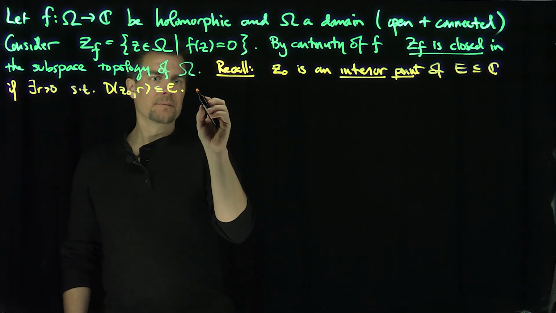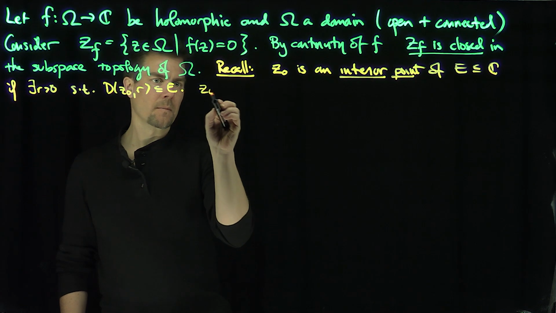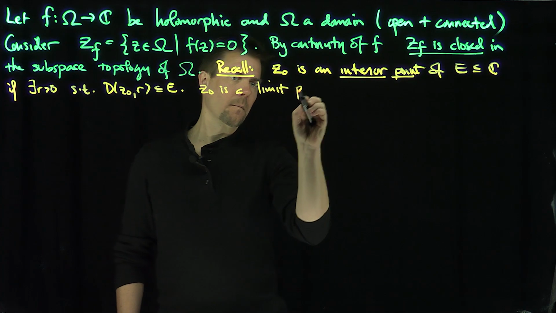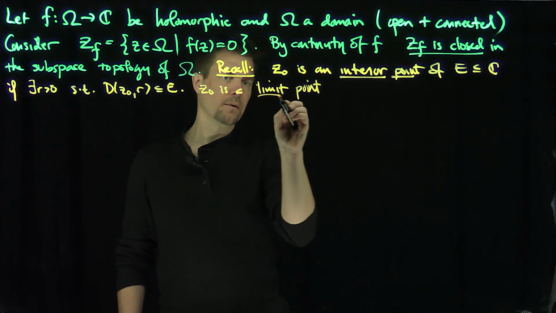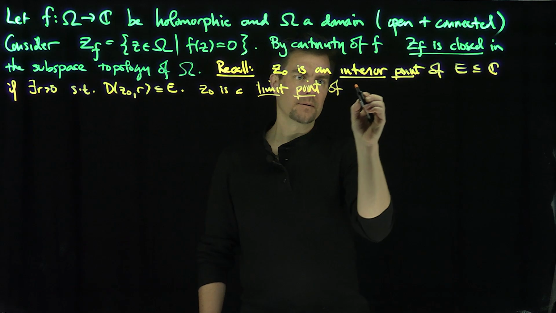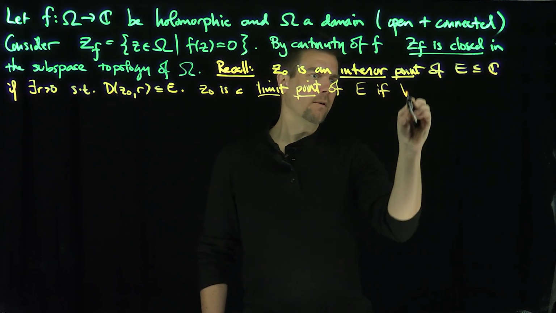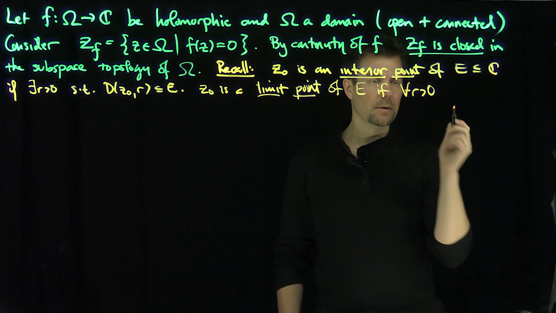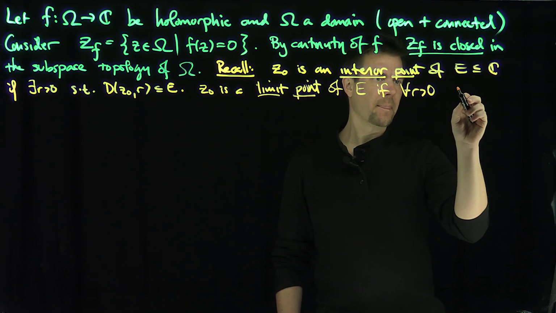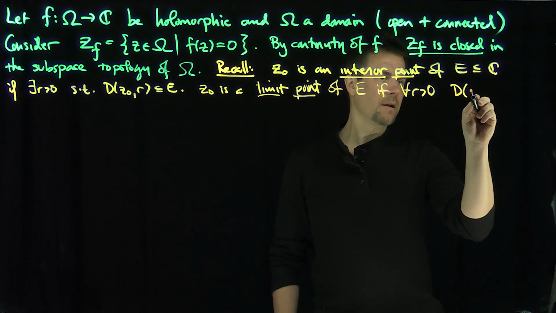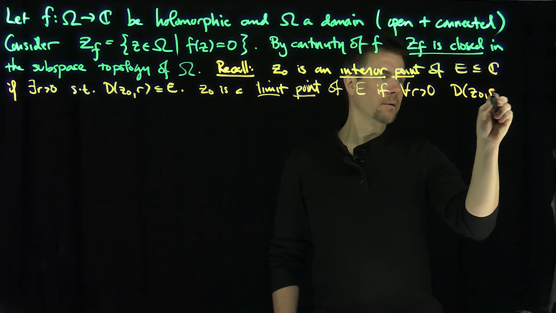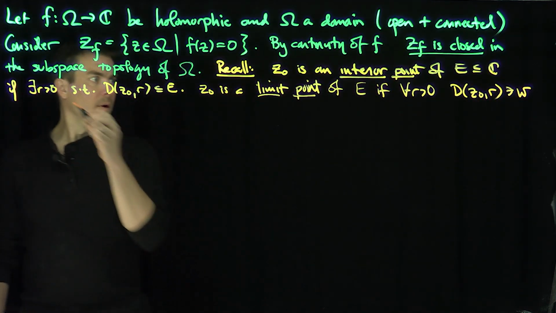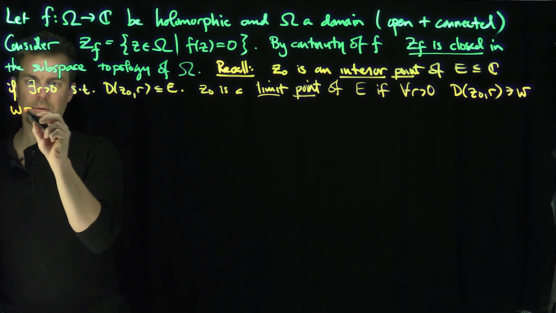What is a limit point? z0 is a limit point, or accumulation point, of E if for every r greater than 0, the disk D(z0, r) contains a point w of E such that w is not equal to z0.